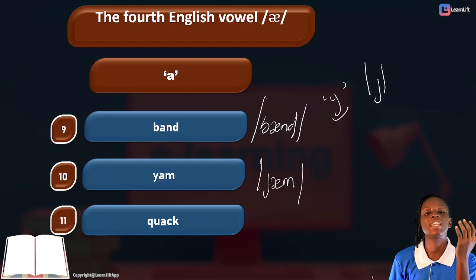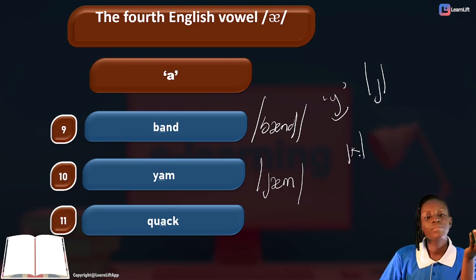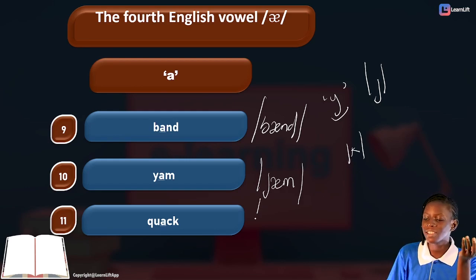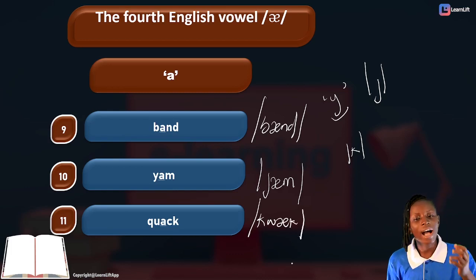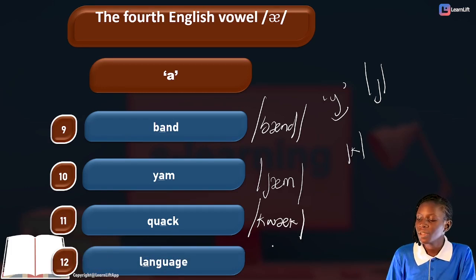So whenever I hear the Q sound, I should use what symbol? This. Do not forget. So let's transcribe quack together. Our quack is transcribed as this. That was easy. Next up we have language. Now how do we transcribe language? Let's go together. Language.